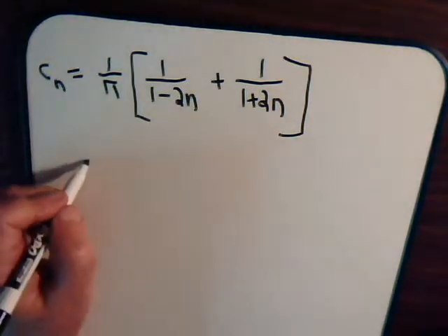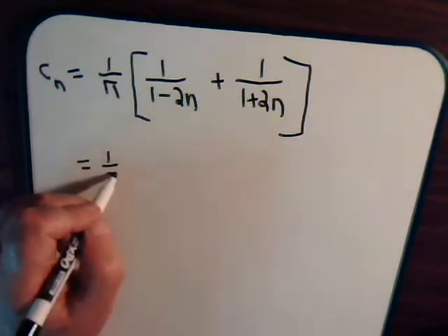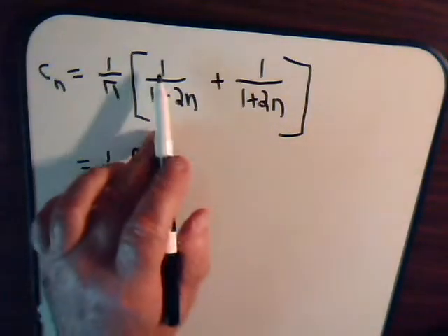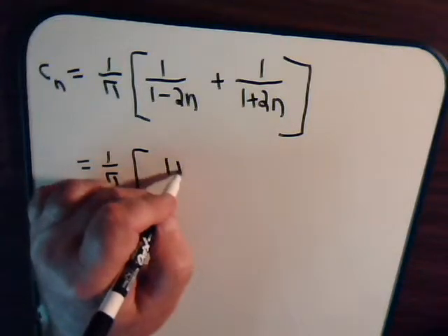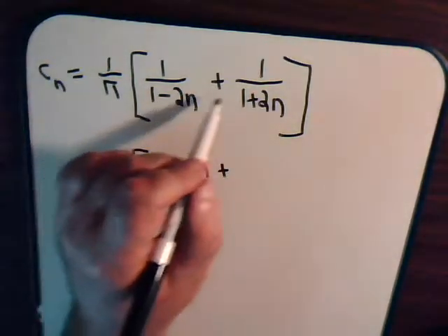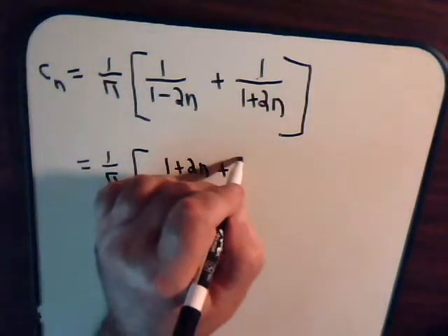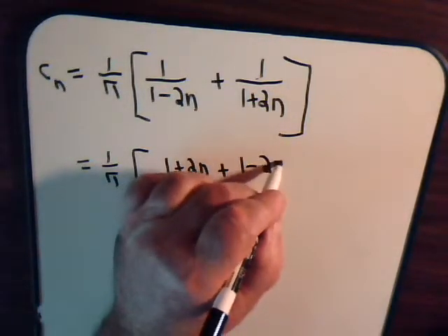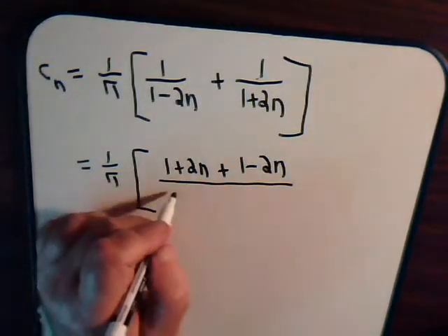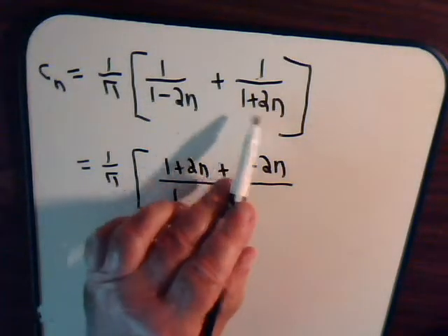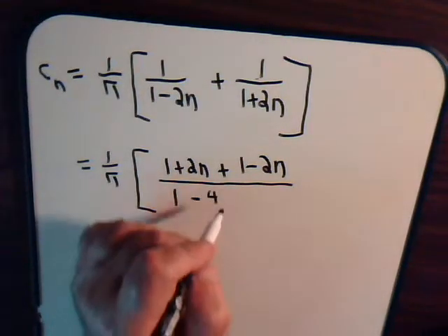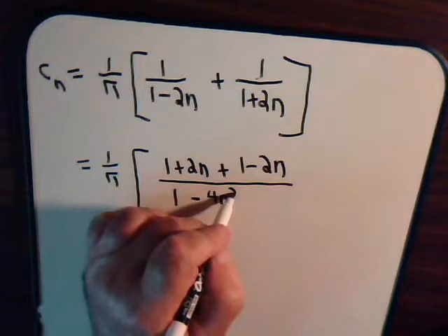Okay, so this will be equal to 1 over pi. This will be 1 plus 2n plus, cross multiplying over here, 1 minus 2n divided by this times this. So we have 1, cross terms drop out, and we have minus 4n squared.